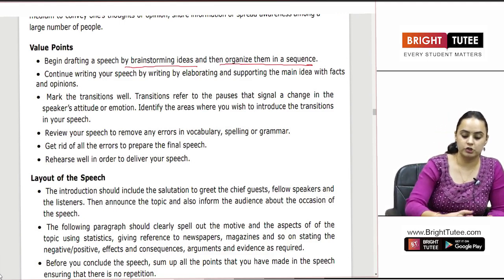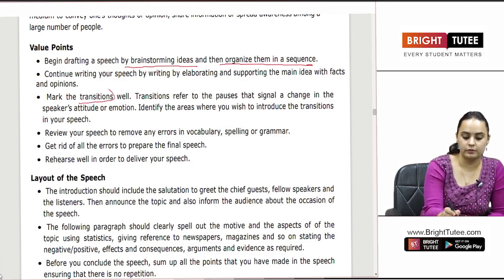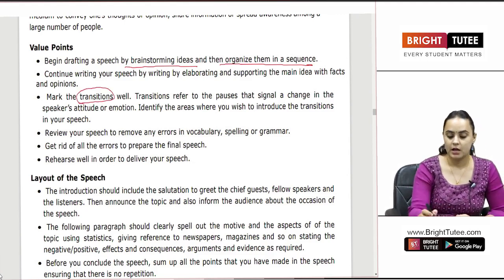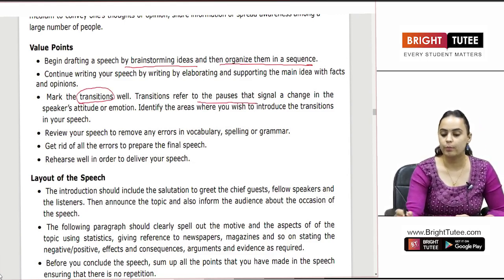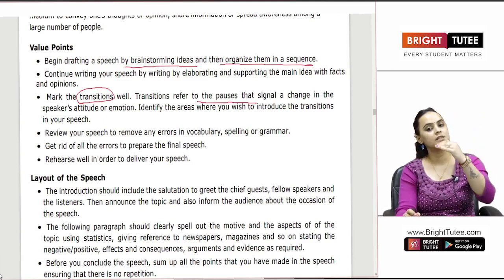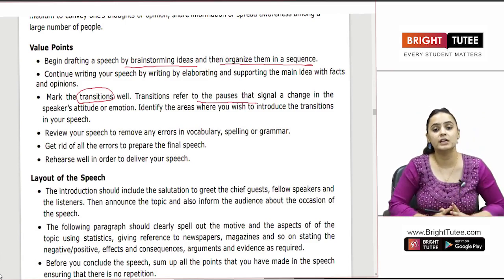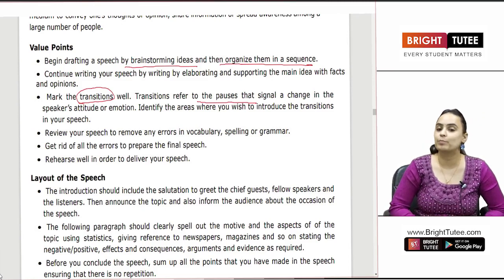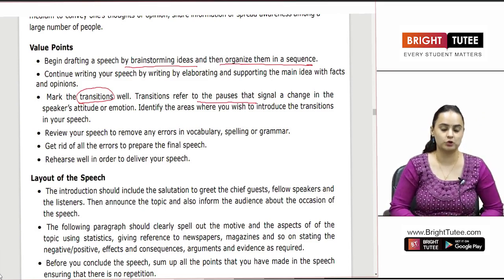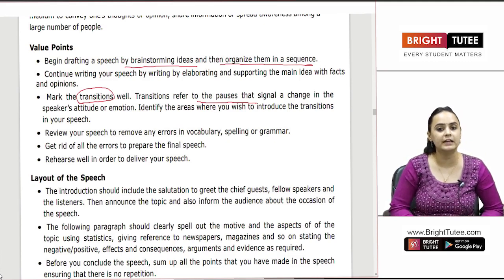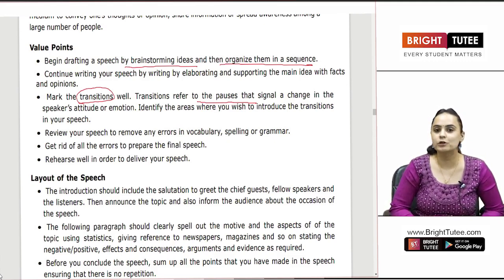Mark the transitions well. Now, what do we mean by transitions? Transitions refer to the pauses. So, whatever pauses you are giving when delivering a speech, those pauses should be thought of and should be delivered in a very nice manner. People should not feel that you've forgotten your speech.